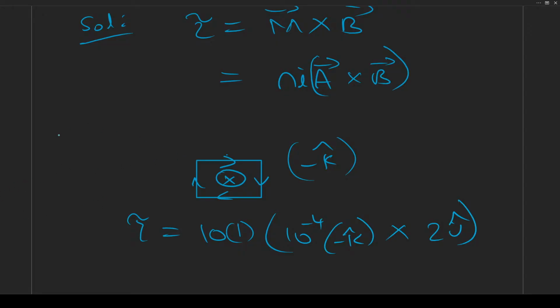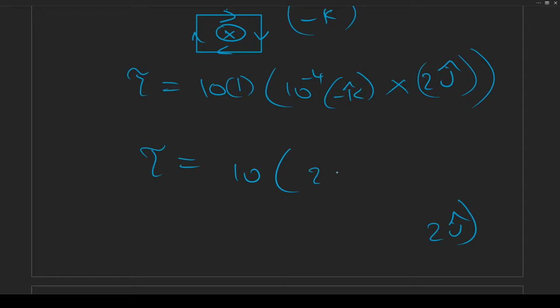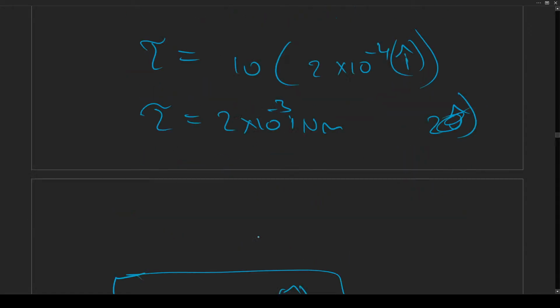In the cross product we have sine theta, sine 90 is 1, so we will get 10 into 2 into 10 power minus 4 i cap, which is tau equal to 2 into 10 power minus 3 Newton meter in the i cap direction, in the x-axis.